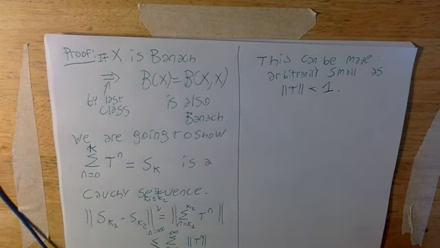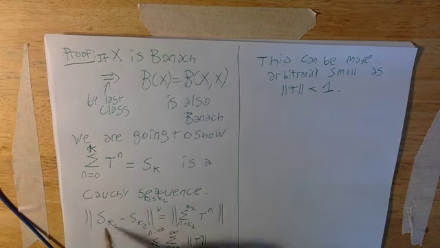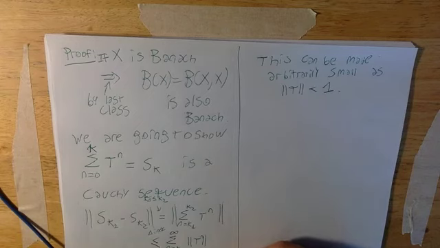Okay? So using that this is a convergent series, we can actually show that this is a Cauchy sequence, because if we take k1 large enough, when k1 goes to infinity, this goes to 0. So this is a Cauchy sequence.